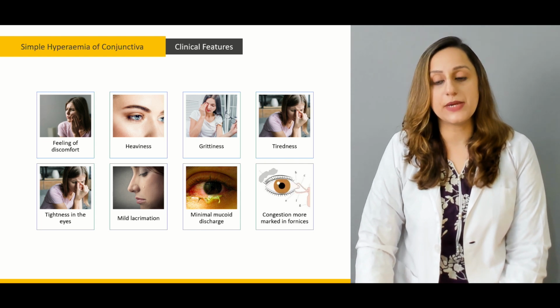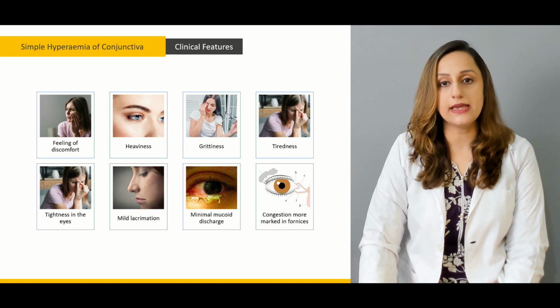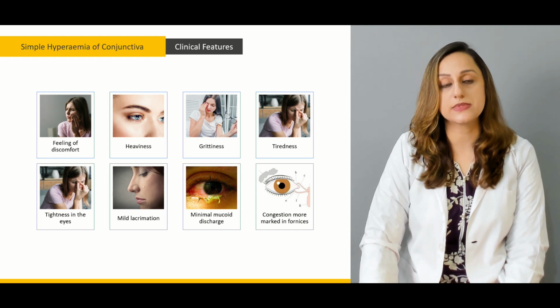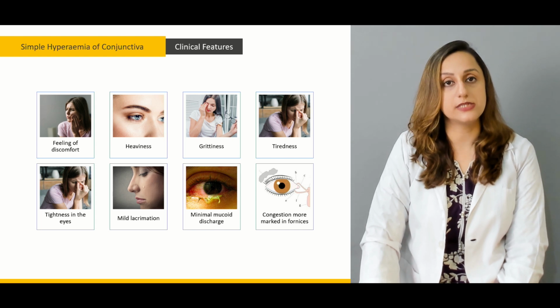Then finally, the patient would complain of congestion, more marked in the pharynx obviously, and that would sometimes result in lacrimitis, or sometimes involve the nasolacrimal sac and the nasolacrimal duct as well.